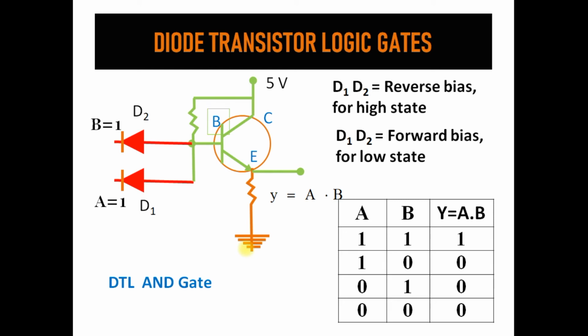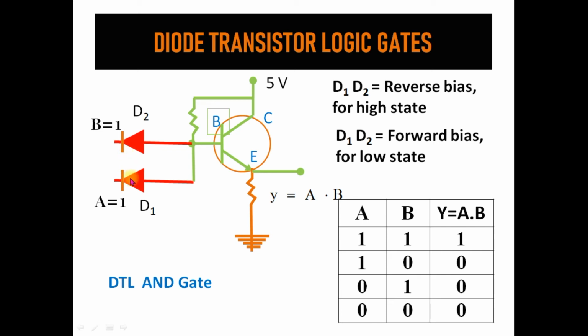First, let us see the DTL AND gate. If B is equal to 1, then we are applying the voltage to the negative, so it will be in the reverse bias. Similarly, if A is equal to 1, then this diode D1 is also in the reverse bias.